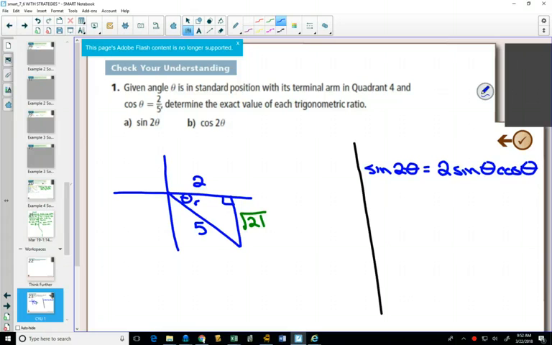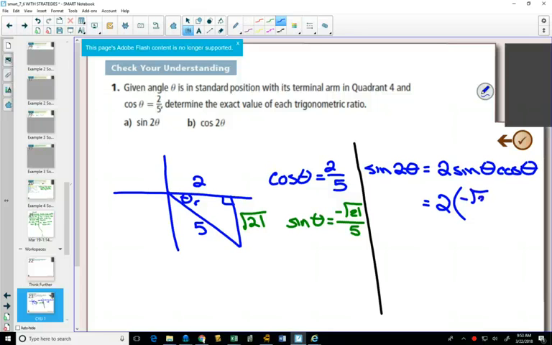And if we go to our triangle here, well, in the question we were given that cos of theta was 2/5, and we figured out that sine of theta would be, now it's in quadrant 4, so it's negative root 21 over 5. So if I want to find sine of 2 theta, since I know what sine of theta is and I know what cos of theta is, I can just plug things into this formula.